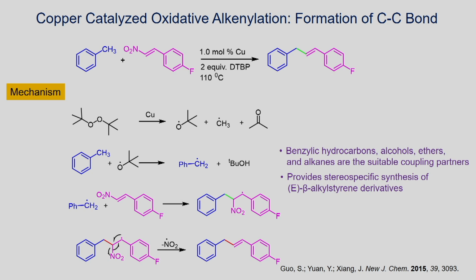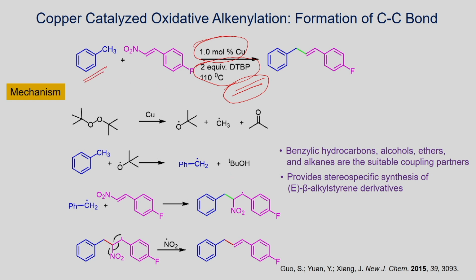Now let us look at the use of a copper based catalyst system. Whatever we have seen so far, those reactions involve a stoichiometric amount of samarium iodide. You can see here you require only a catalytic amount of copper catalyst. This reaction can be facilitated in the presence of di-tertiary butyl peroxide.